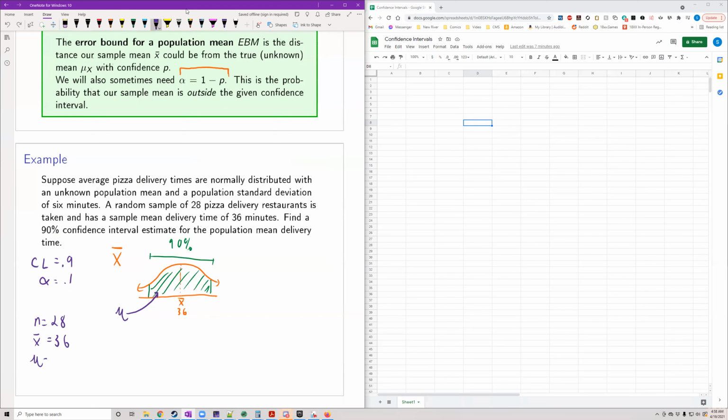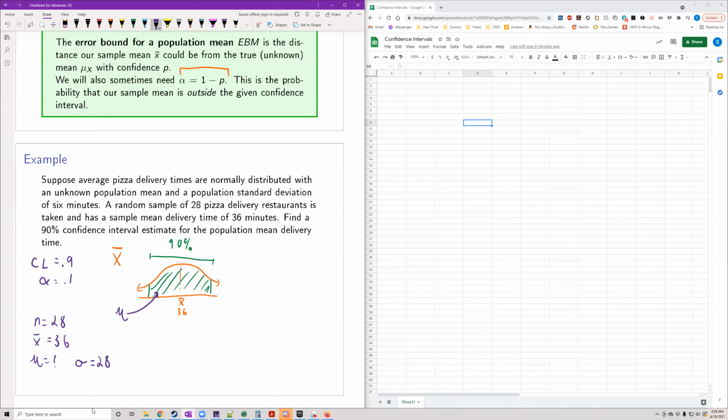Remember, we don't know the true mean. Our calculated, or excuse me, the true standard deviation is 28. We're going to use all of this information to construct our confidence interval.